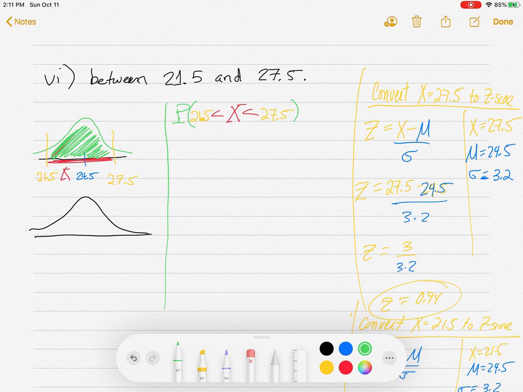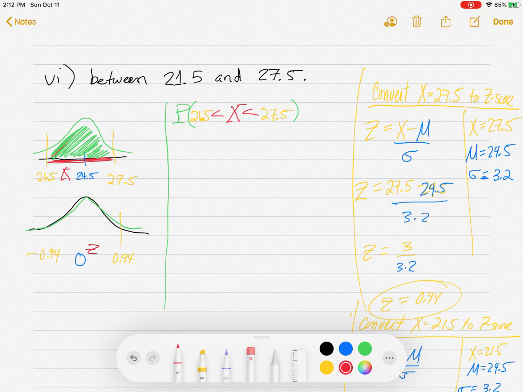Okay, so we got 0.94 and negative 0.94. I'm going to draw a picture. I convert my distribution of X values, BMIs, into Z values. So 24.5 gets converted to 0, 27.5 gets converted to 0.94, and 21.5 gets converted to negative 0.94.